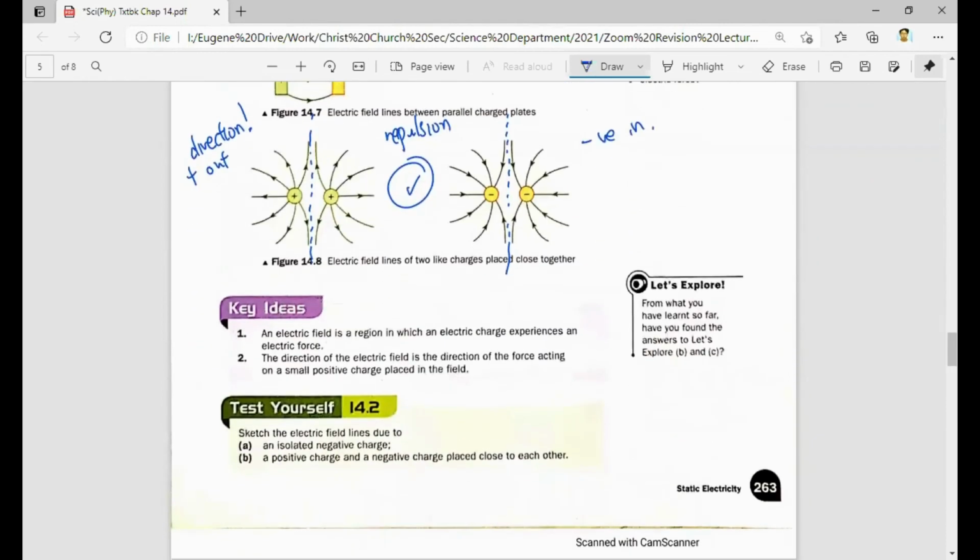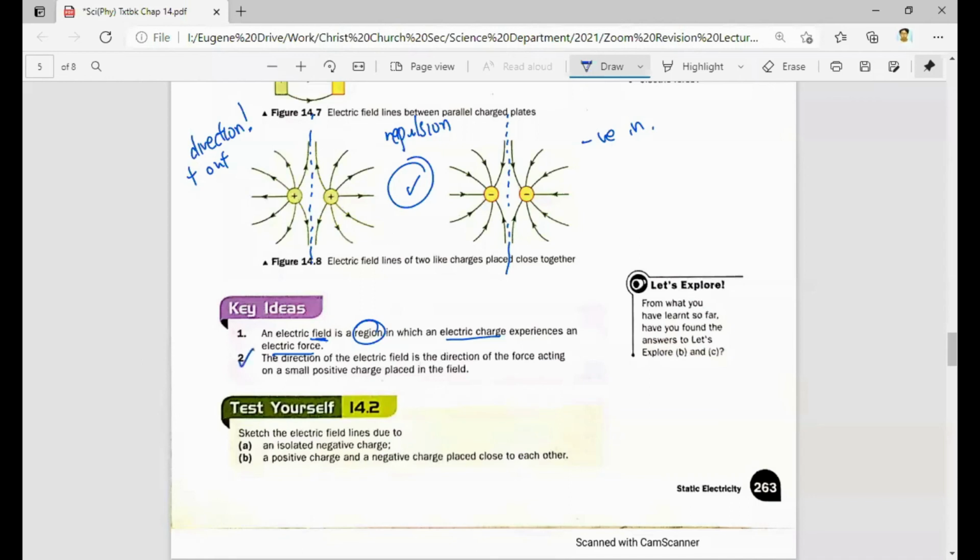Okay, so what did we go through just now? We learned that an electric field is a region in which an electric charge experiences an electric force. So the field is a region in which I will know that the charge will experience electric force. Next, the direction of the electric field is the direction of the force acting on a small positive charge placed in the field. So all these lines here with the direction arrow show how it will interact with a positive charge.